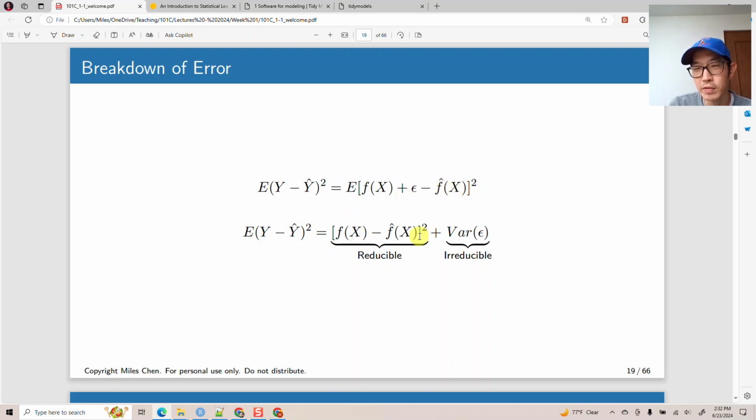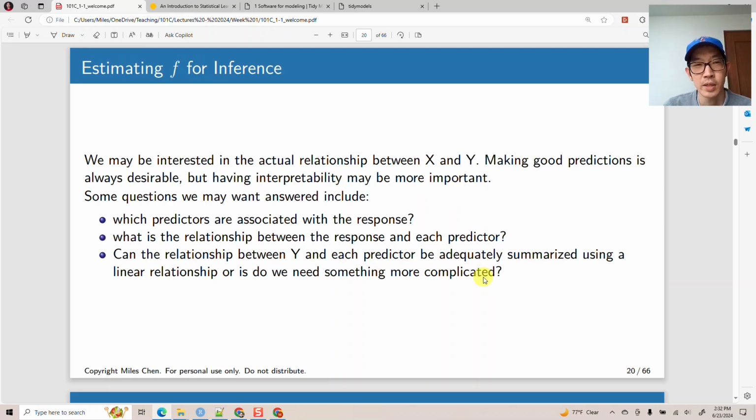Taking the difference, that part is the reducible component, whereas the epsilon is the irreducible component. So that's the idea of estimating f as far as predictions go.